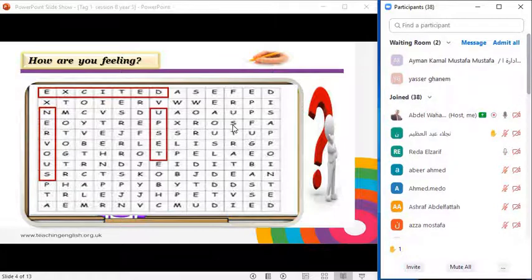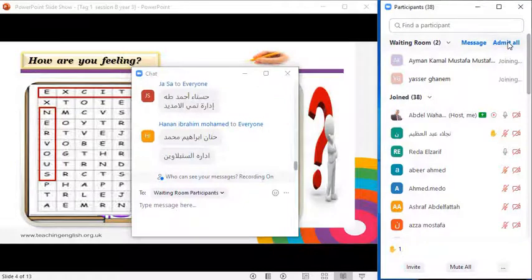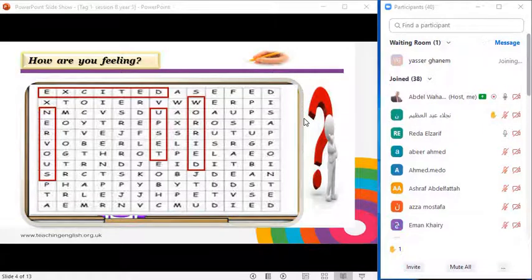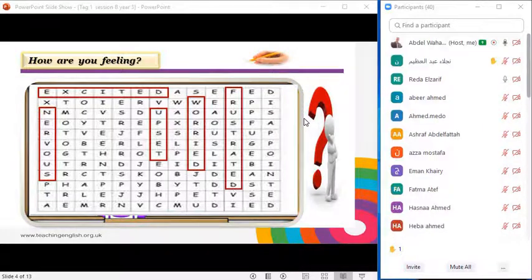The other word is upset. The other word is worried, and another word is frustrated, disappointed, and the other happy, and there is the word calm.